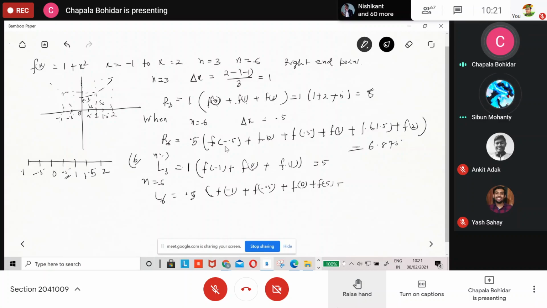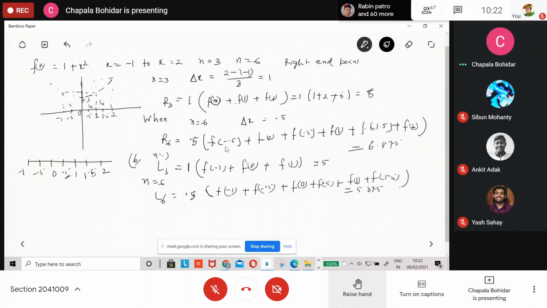Excluding that value here, the last one, you include in the first one, nothing else here. Then plus f of 1, plus f of 1.5. Clear? Tell me the value. Ma'am, 5.375. Yes.